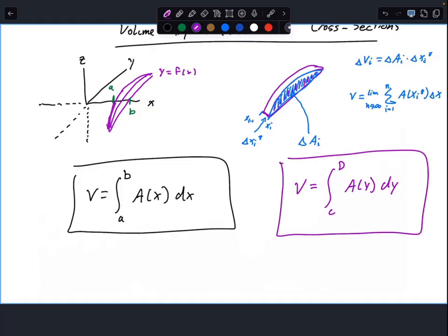So you can find the volume either way. It just depends on how you are calculating, or if you are given a cross-section. If it is a one-to-one function, and you can find the area of the cross-sections as a function of x, or its inverse as a function of y, and go from A to B or C to D, then these two would definitely be equal to each other.